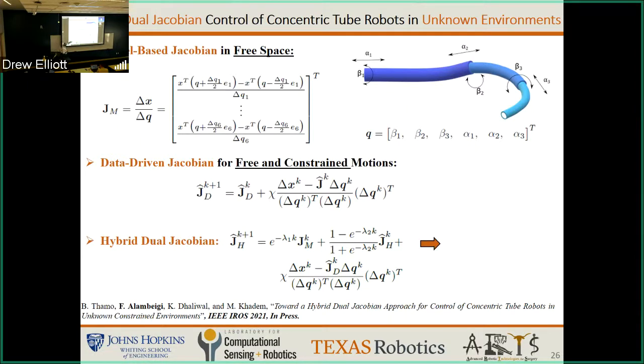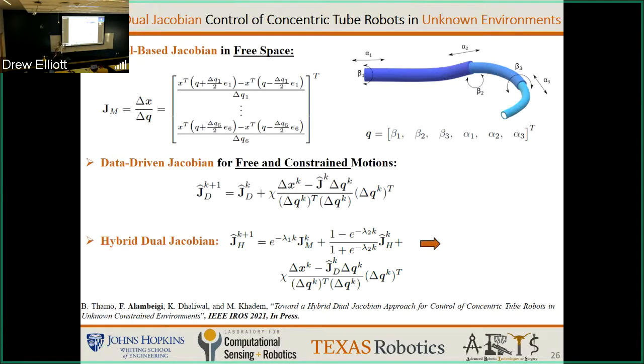If you check here, we have two terms. The initialization of J_H depends on J_M. And we have a switch term that over time, in the beginning, instead of starting with a random matrix for the Jacobian, we start with that model-based Jacobian. And then through time, these two terms are the weights that we give to our initialization and the data.